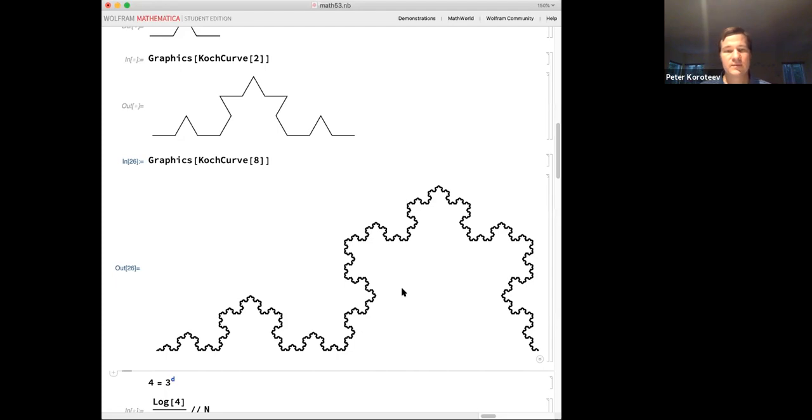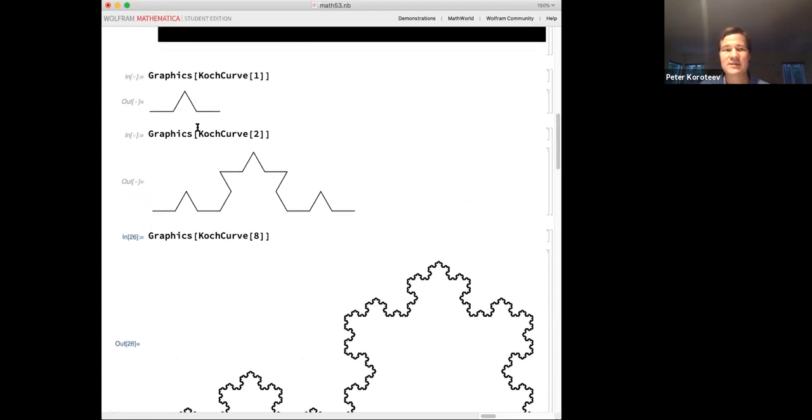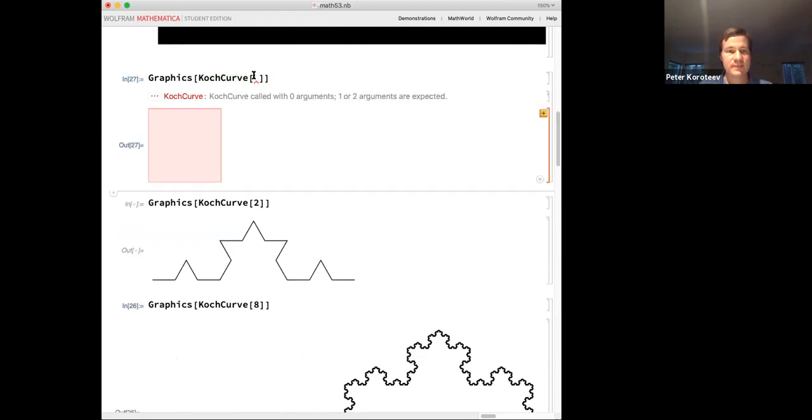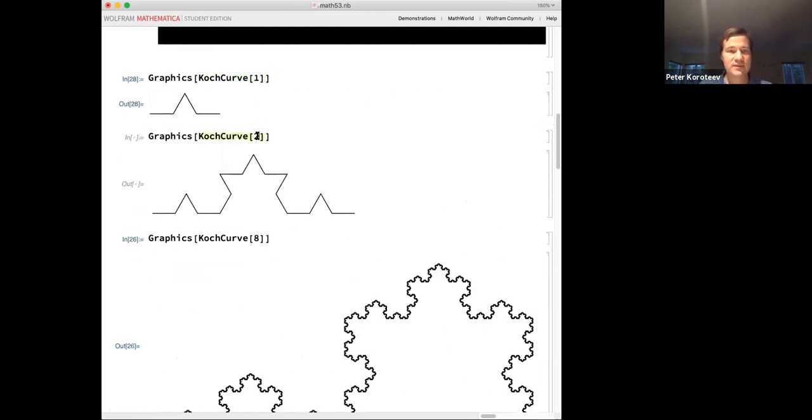Now, what do you think will happen with the length of the segment? Say each of those segments has length 1 at every stage. Sorry, that's Koch 1. No, that's Koch 2, and so on. Every little segment has length 1.